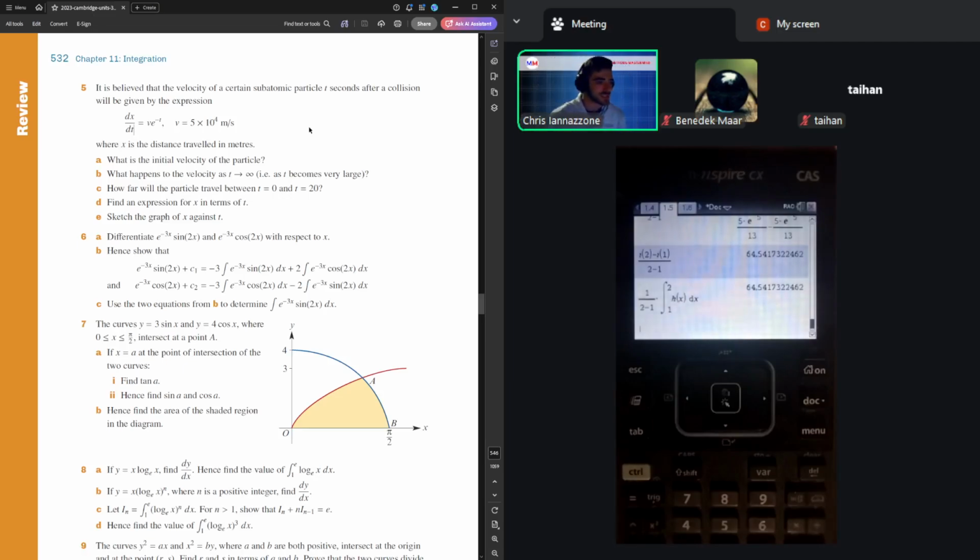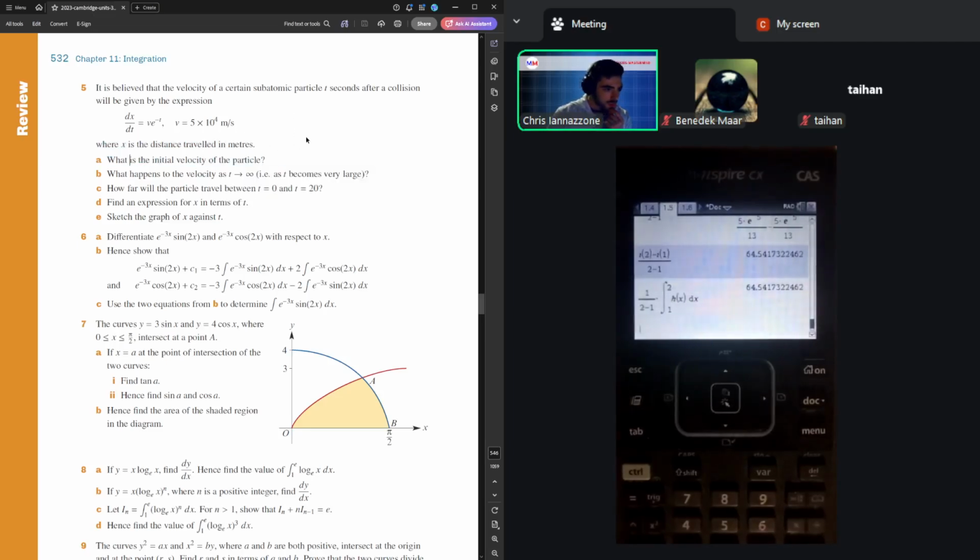So dx dt, although it looks like a derivative, which it is, because we're talking about position, velocity, acceleration, another word for that would be the velocity equation. Okay, so t is going to be in seconds, and velocity is meters per second, because x is meters.